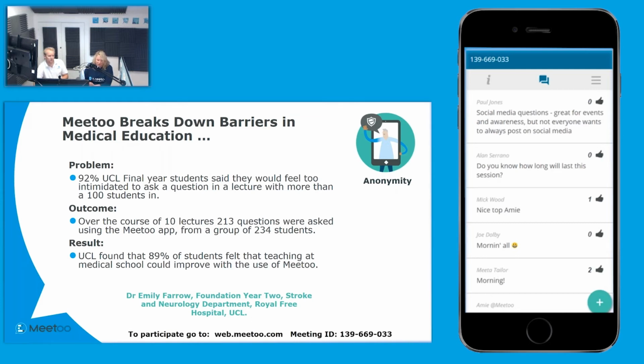So it really had quite an impact and really quite a change from what they'd seen before. Meetoo really did create a bridge between the student and the lecturer. And it allowed teaching to be more of a student-centred teaching style, which can often be challenging when dealing with a larger group of students.